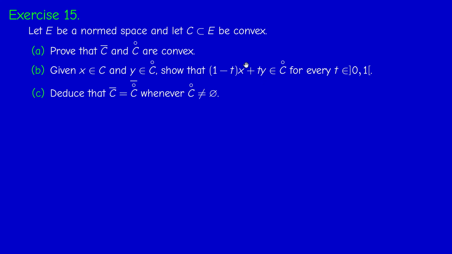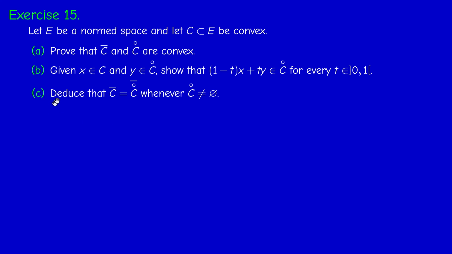Here I'm taking the segment without its endpoints, because I put t strictly between 0 and 1. Recall that x and y are the endpoints. So I'm saying that the interior of the straight line segment is totally contained in the interior of C. So only x could be at the boundary, if you like.